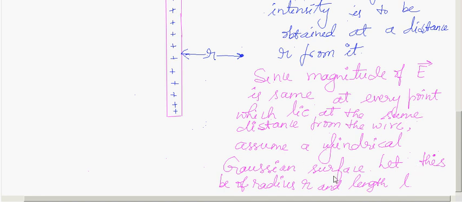Let this be of radius r and length L. Now let us assume a Gaussian surface.